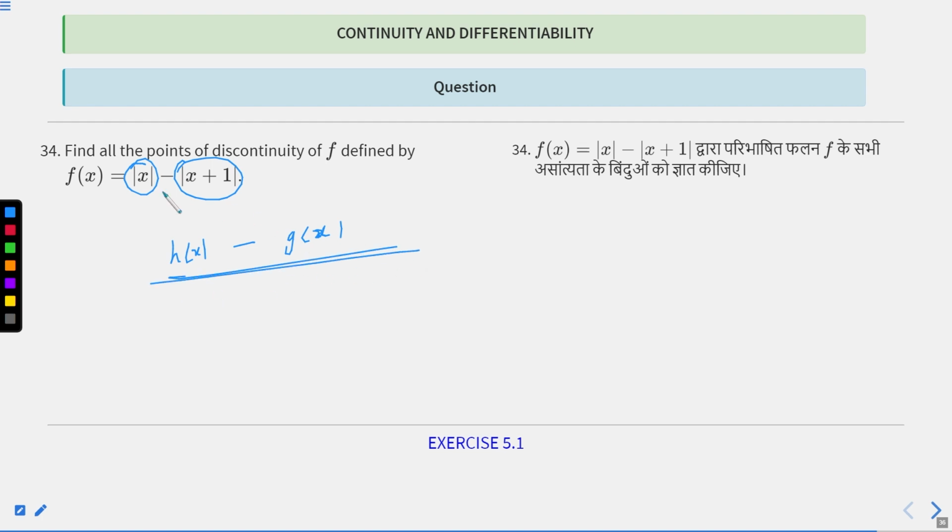So this is continuous. This means no point of discontinuity.